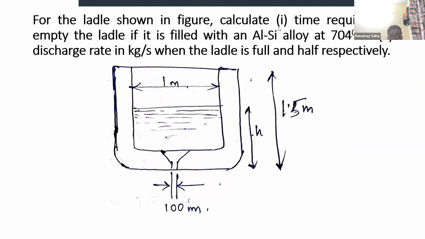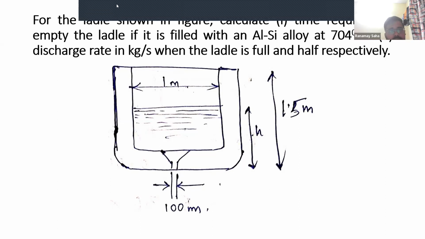You have to find out the time required to empty the ladle, and again you have to find the discharge when the ladle is full and half. In other words, when the molten metal is at the initial point, when the ladle is full, and then when there is only 50% of metal left in this particular ladle. Can you try?